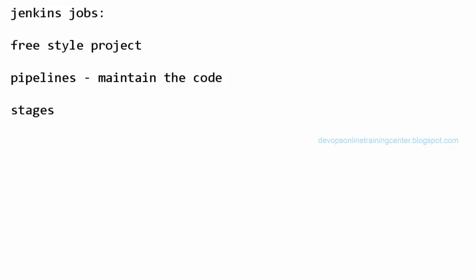So we can have different phases inside the pipeline. Then we can write the code in Groovy in pipelines, and that will be executed, and that code can be stored in source code management repository, something like GitHub or Stash, and we can maintain the versions of that code. So here infrastructure is maintained as code, right?